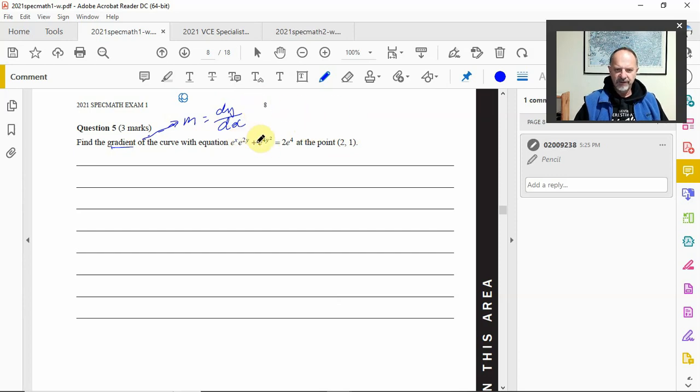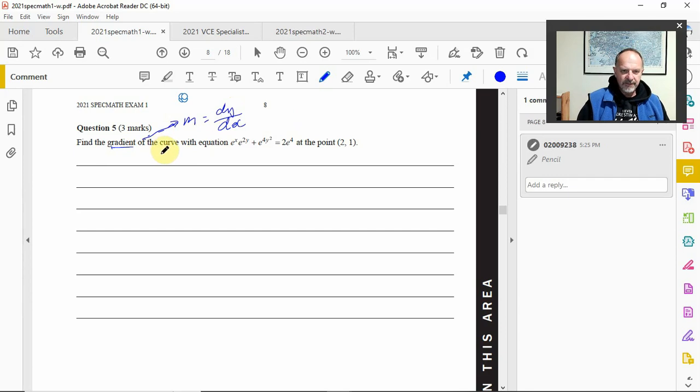Now, when you have a look at the equation here, you see that it's reasonably complex. It's not in the form of y equals, and so it's actually got y in this term and y in this term as well. So what we're going to need to do is implicit differentiation.